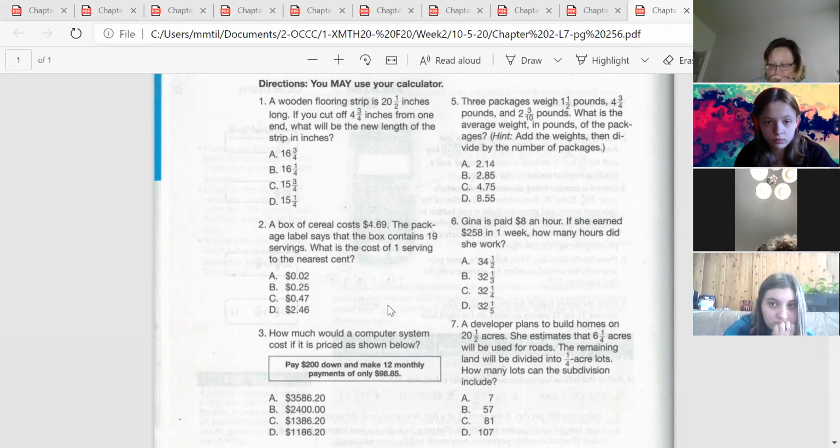So how do you tackle this problem? It's just $4.69 for the whole thing, and there's 19 servings, right? So what will we do in that?